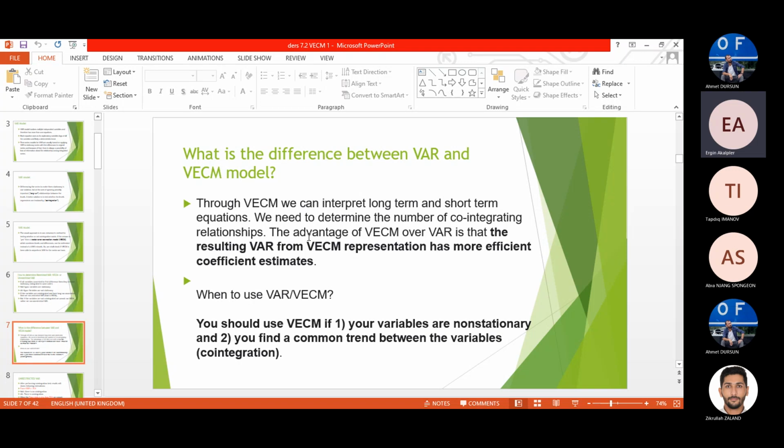The advantage of vector error correction model over VAR is that the resulting VAR from vector error correction representation has more efficient coefficient estimates. When to use VAR or the vector error correction: you should use vector error correction model if your variables are non-stationary and you find a common trend between the variables, the so-called co-integration.